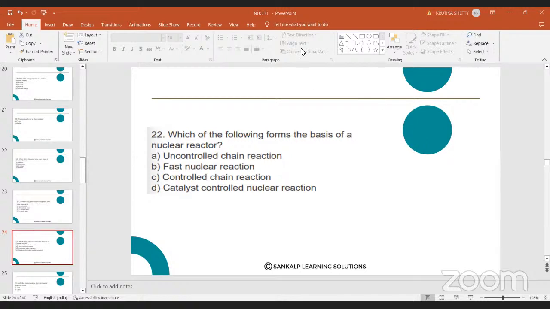C and D both. Then which catalyst they are using there?